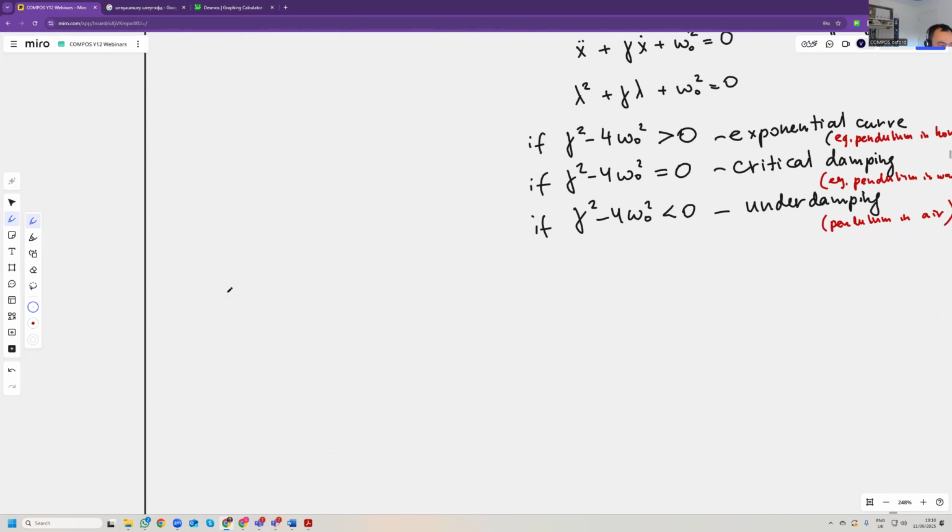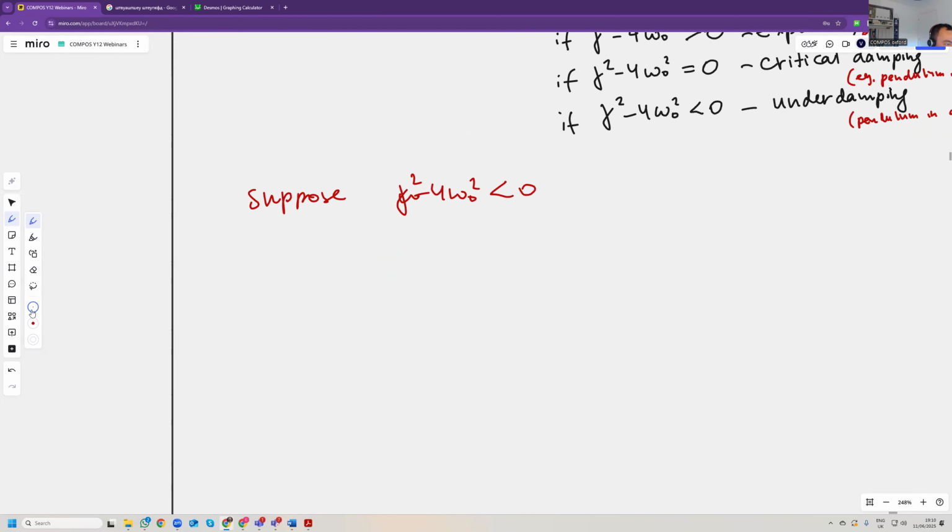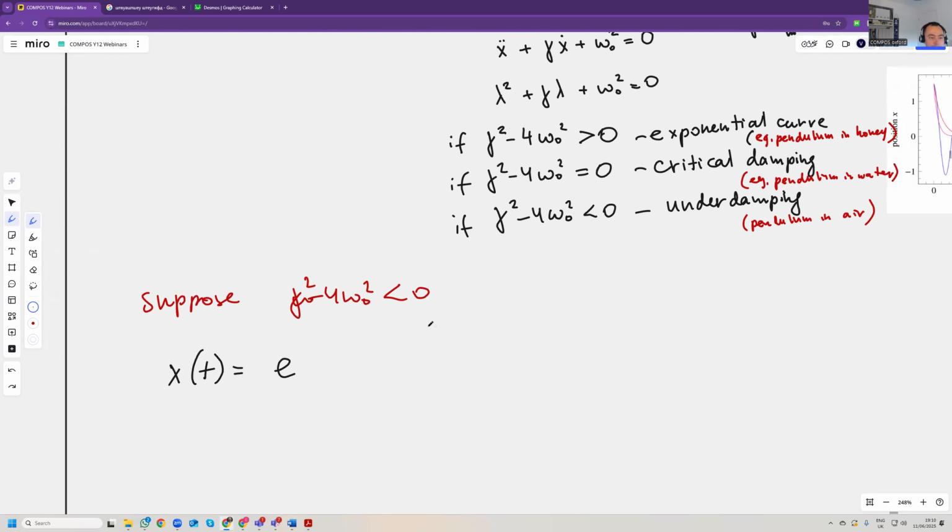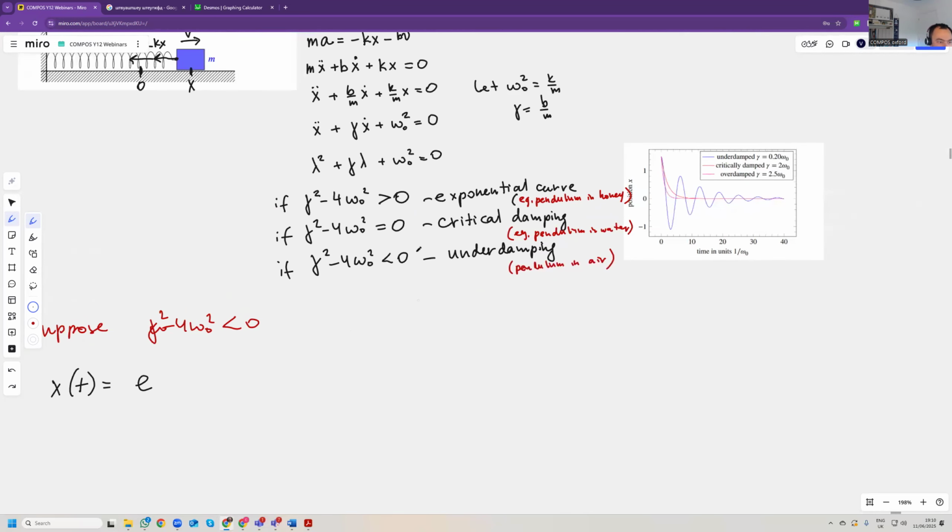The most interesting case, suppose gamma squared minus 4 omega 0 squared is less than 0. And then the solution x of t is going to be e to the... well, okay, we need to solve the quadratic.